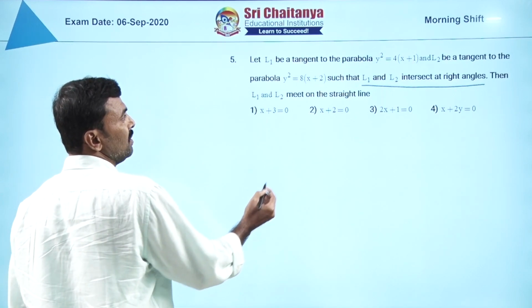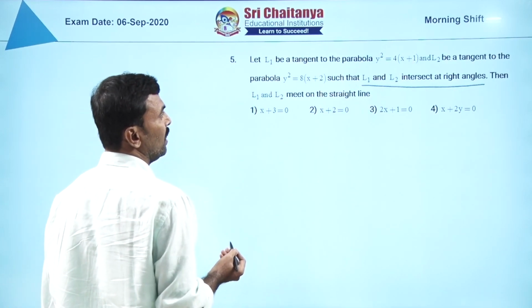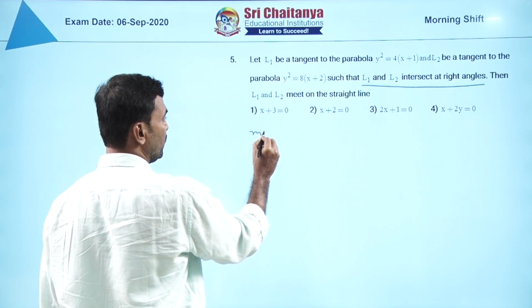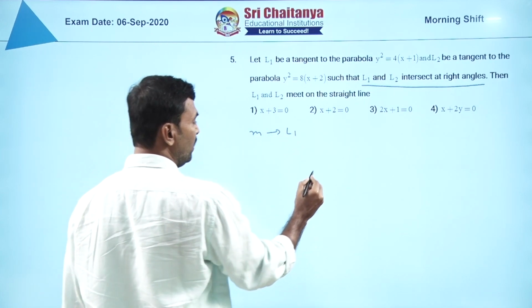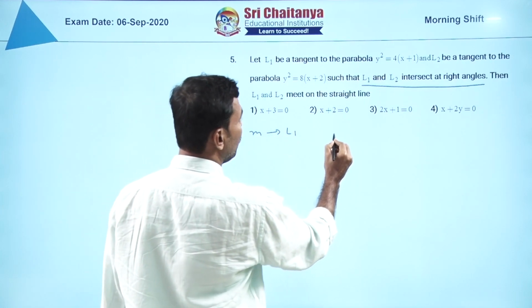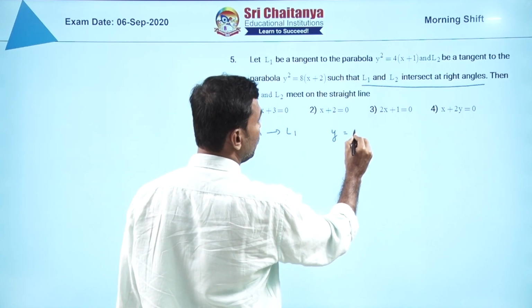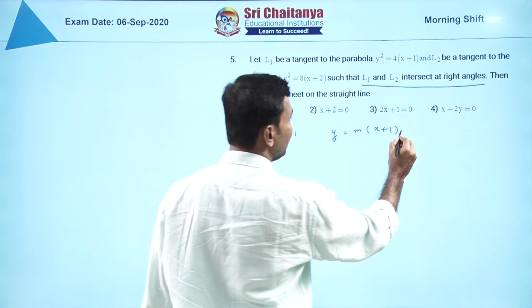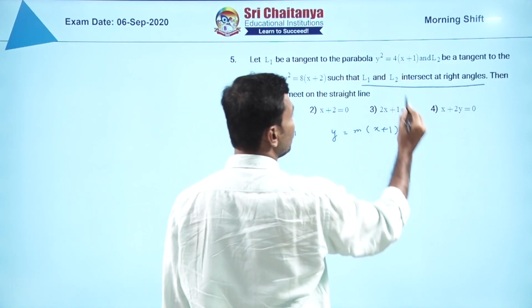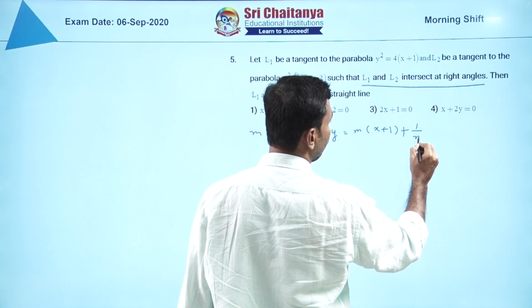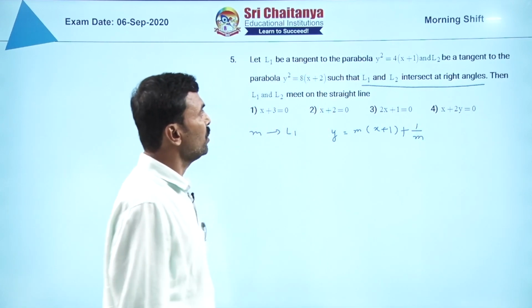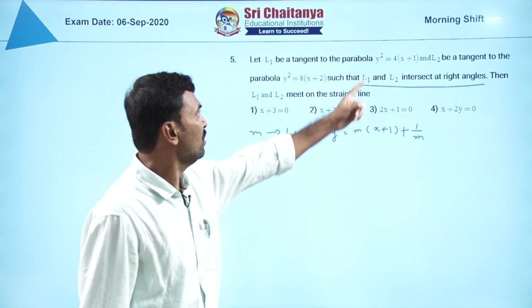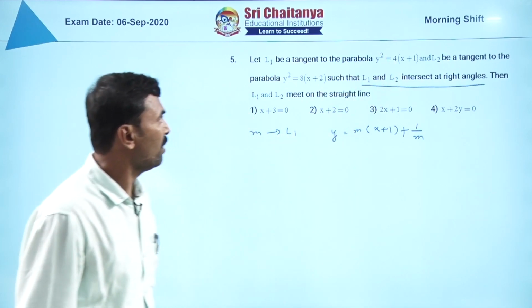What is the first line L1? Let m be the slope of the first line L1, then equation of L1 is y is equal to m into x plus 1, plus c is a by m, so 1 by m. This is the equation of the tangent to the first parabola.